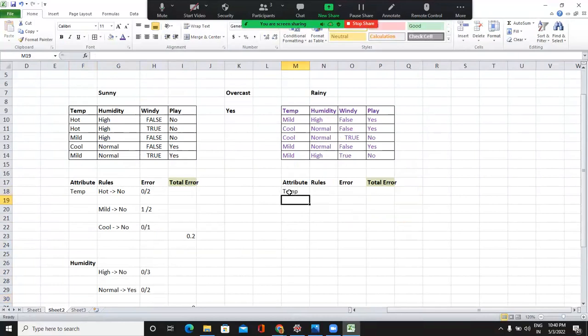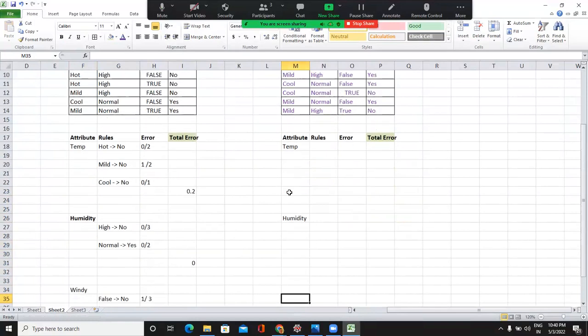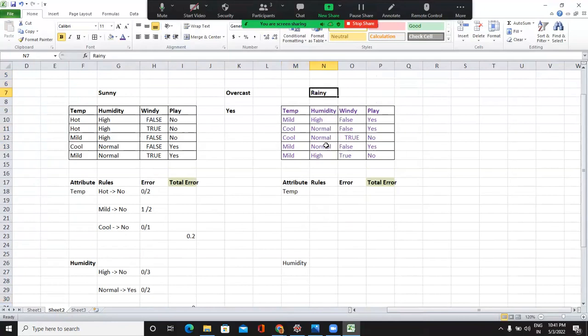Temperature, humidity, and windy. So if we do that, you can do that one by one. So temperature again.